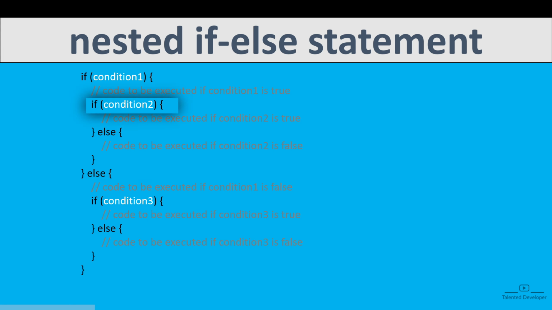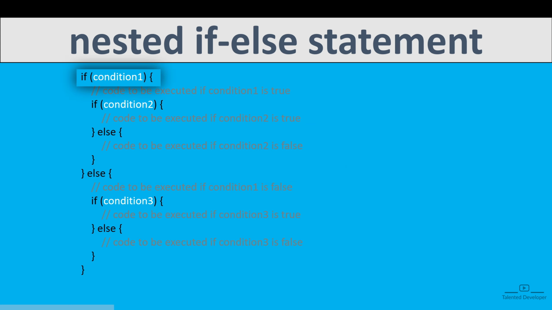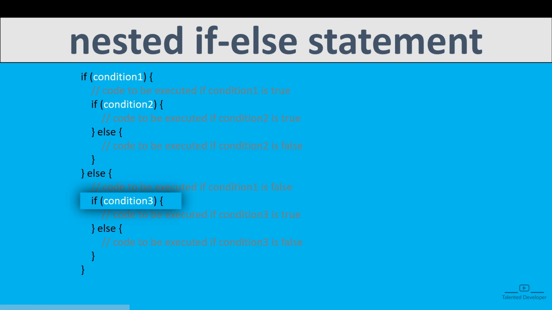Then we are going to check another condition, that will be condition 2. In case condition 2 is false, then it will go to its else block. In case condition 1 is false, it will go inside the else block, and inside that one we are going to check condition 3. So this is just a basic syntax.